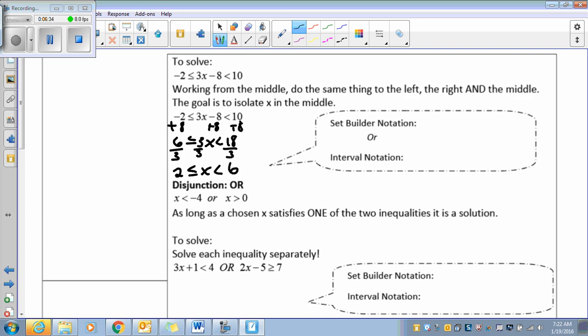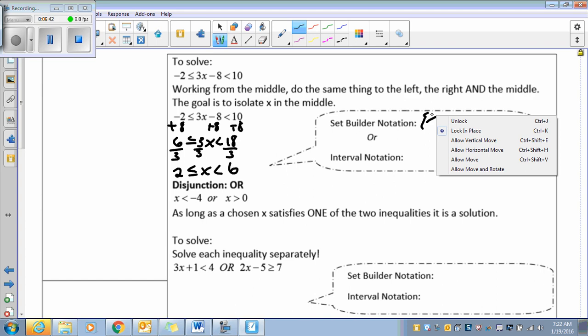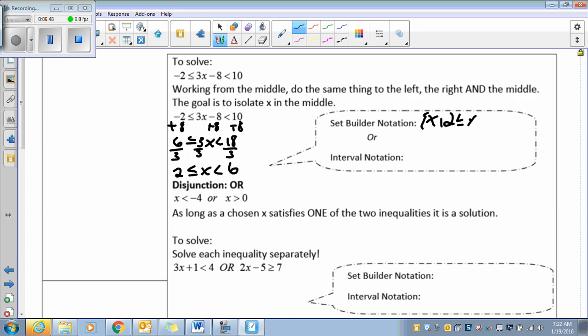Now we can write the solution two ways. We can write it in set builder notation. So we have the set of all x such that 2 is less than or equal to x, which is less than 6.